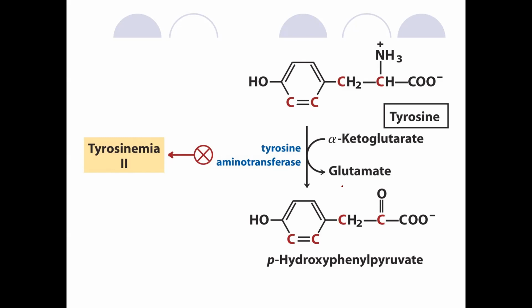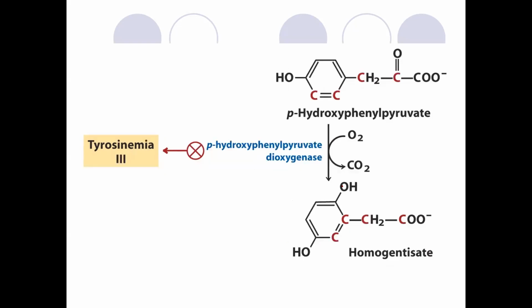And then the p-hydroxyphenylpyruvate will undergo a complex reaction that's catalyzed by a dioxygenase. So this very complex reaction involves a decarboxylation, oxidation, migration of the carbon chain, and a hydroxylation.